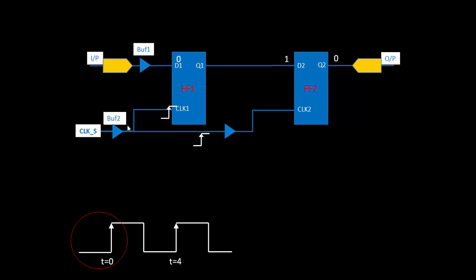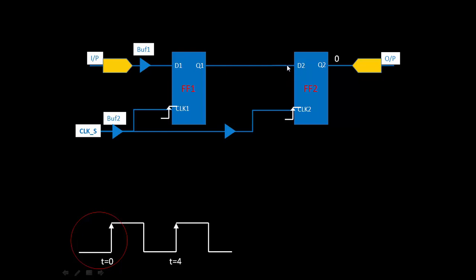Now the clock is divided into two parts, and you can see that as soon as FF1 gets the positive edge, 0 is shifted to Q1. Just see it once again. As soon as this got the positive edge, it is shifted here. And as per the delay between Q1 and D2, it reaches D2.